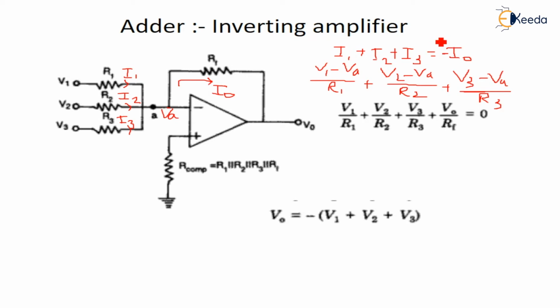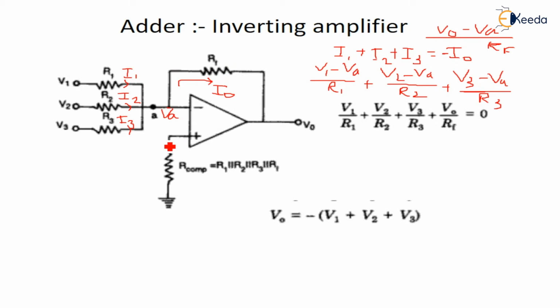So this I out is due to V out minus VA divided by RF. If I substitute all this in the equation, I get V1 minus VA divided by R1 plus V2 minus VA divided by R2 plus V3 minus VA divided by R3, which is equal to V out minus VA divided by RF.